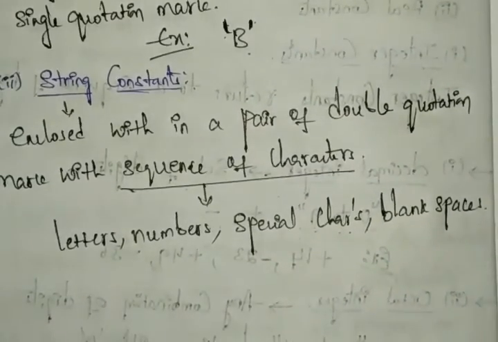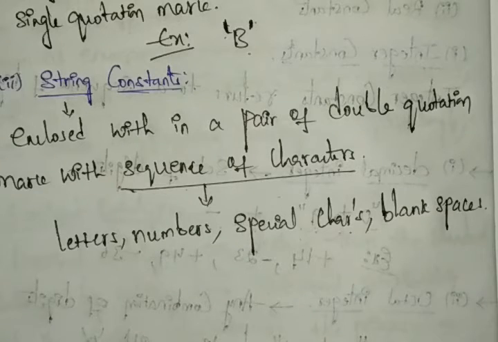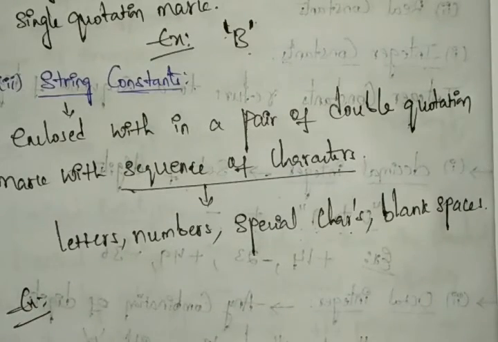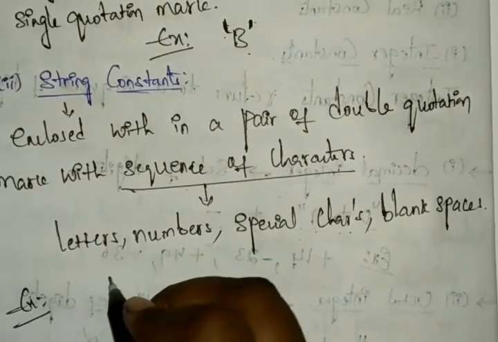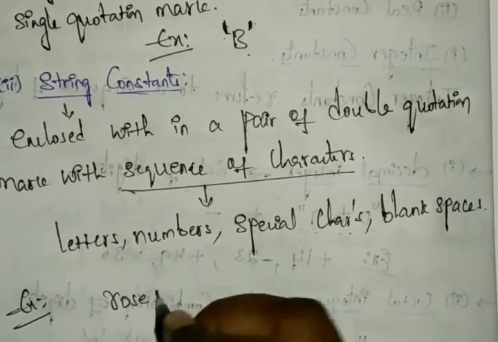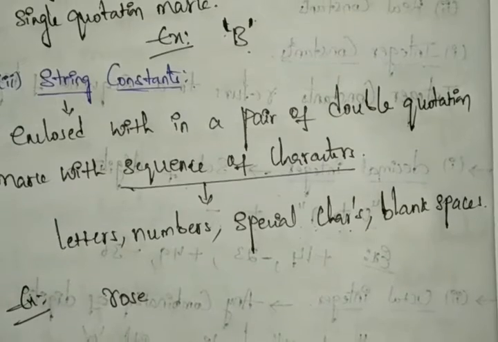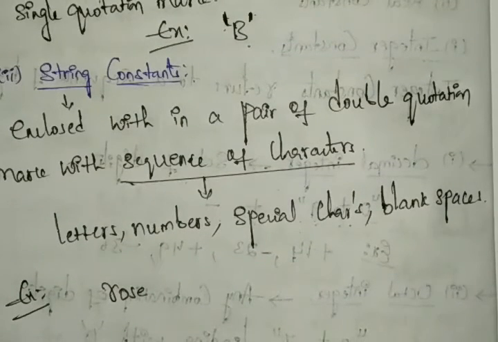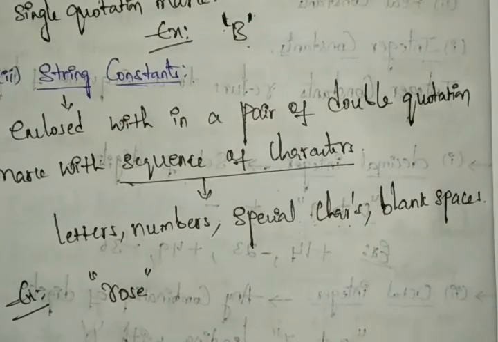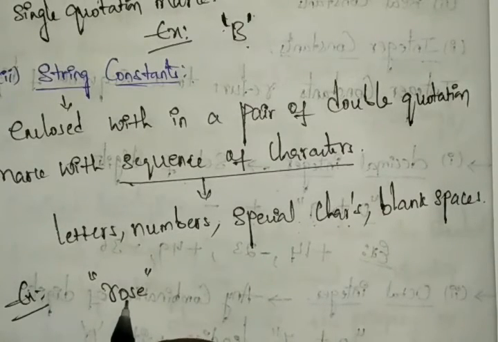For example, these string constants will be an array of character data type. So you can see an example of how it will be displayed. If you're writing any flowers or names, here I'm choosing roses. These string constants are enclosed within double quotations, right? You can mention double quotation here. Now you can see this is a word. It is a combination of characters.